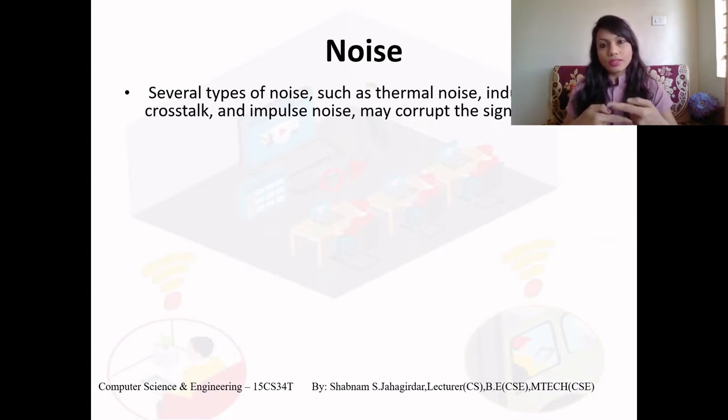So the signal might overlap, or an unwanted signal can get into the actual signal. An unwanted signal is known as noise. There are different types of noise: thermal noise, induced noise, crosstalk, and impulse noise, and all of these might corrupt the signal. We'll see each of these noises in detail.